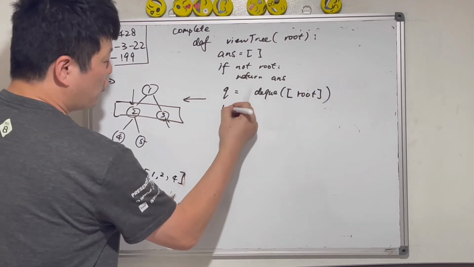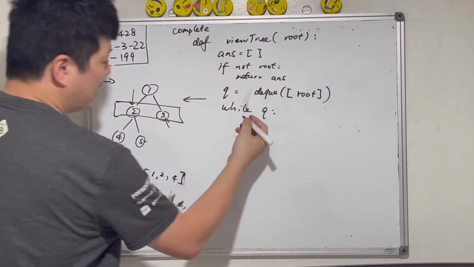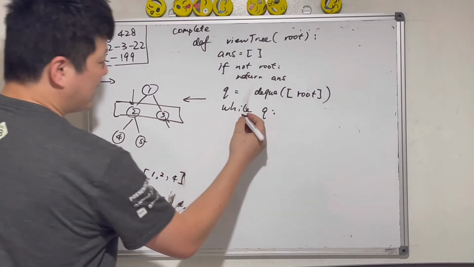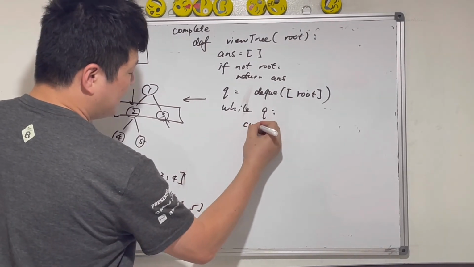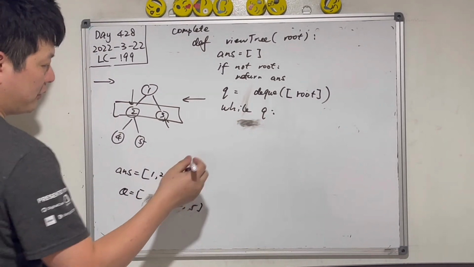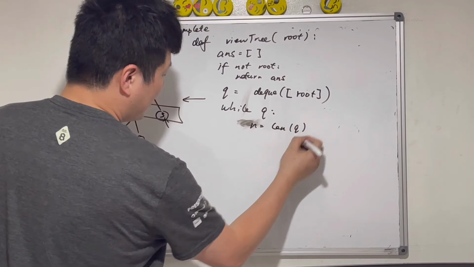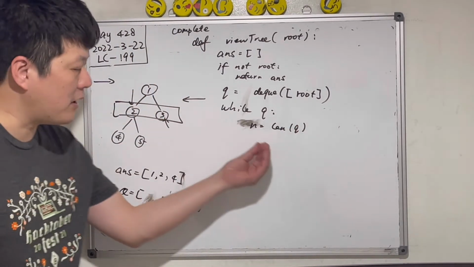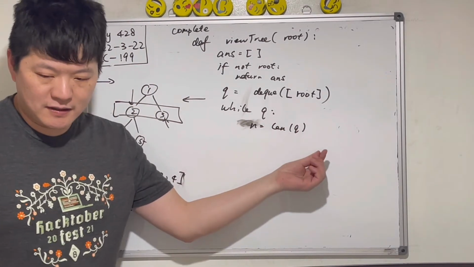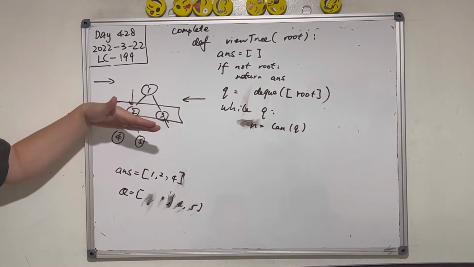So while Q, first of all, I need to take it out. Actually no. Actually, what do I need to do? N equals the length of Q. This is the number of the nodes in the next layer, in the next level.